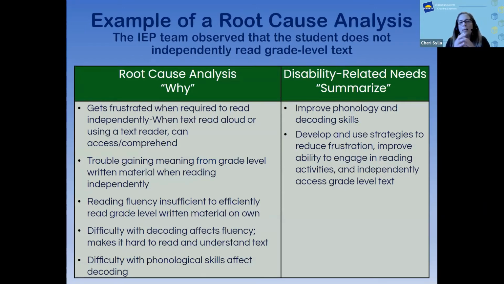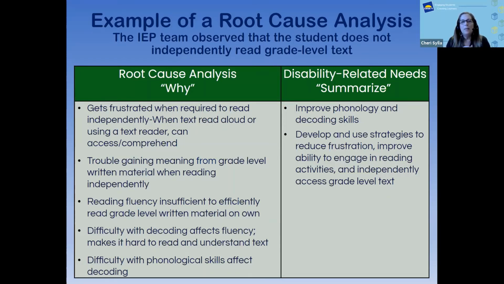So as we go through this, here's an example of a root cause analysis, because when the IEP team gets together and they're saying, so how does the student's disability affect their ability to read, or how does it affect their ability in any part of school or in any part of life?